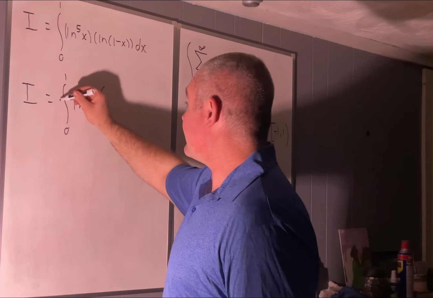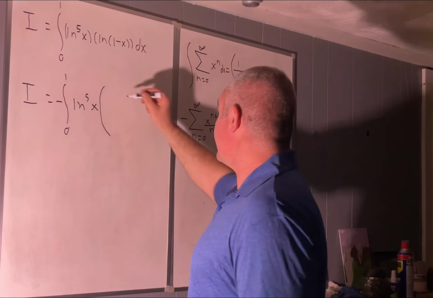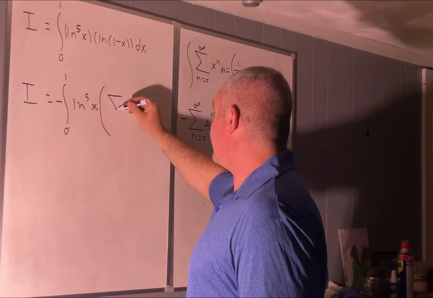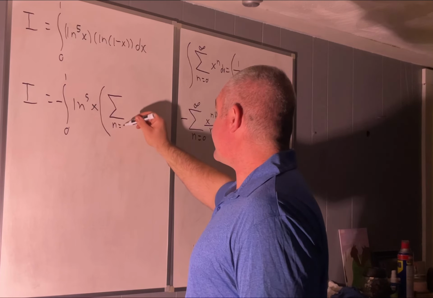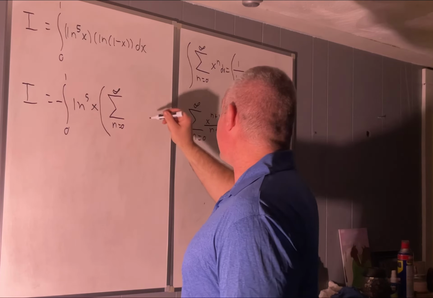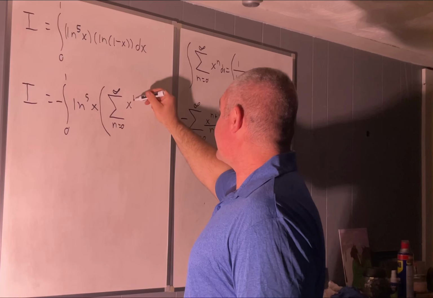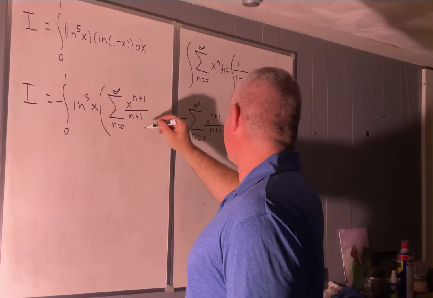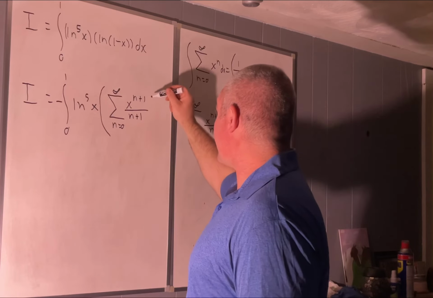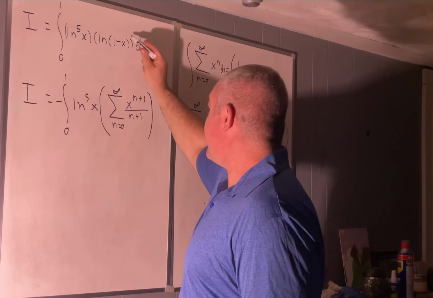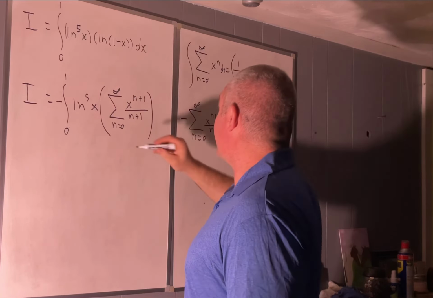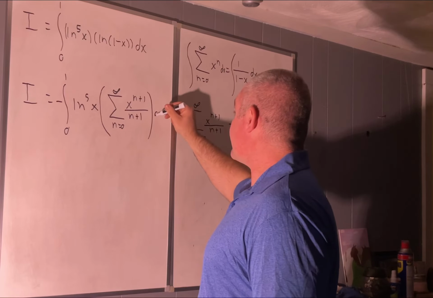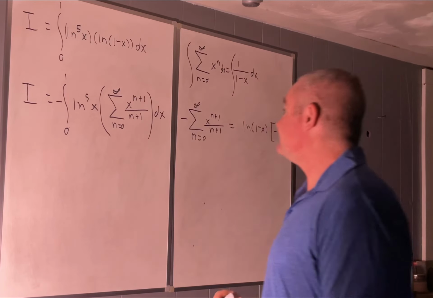And we'll bring the negative outside. Negative sum from n equals 0 to infinity of x to the n plus 1 over n plus 1. Okay, so this part replaced this, and then we still are integrating this with respect to x.